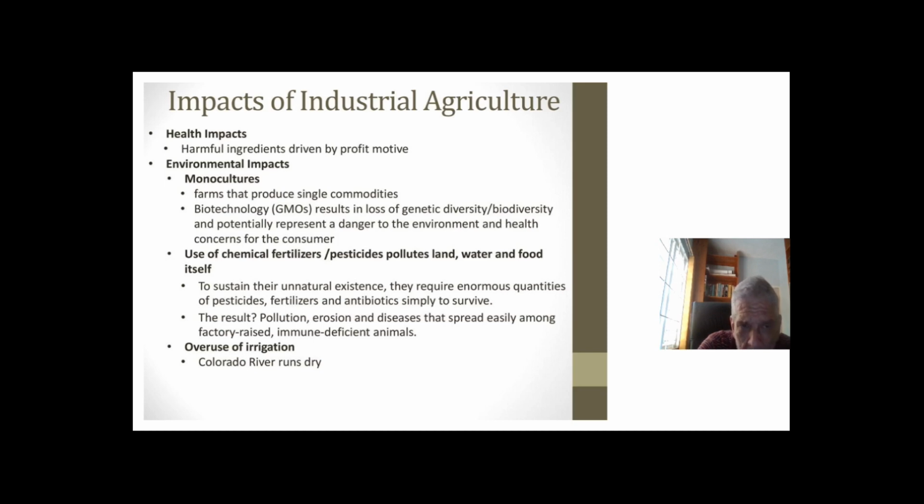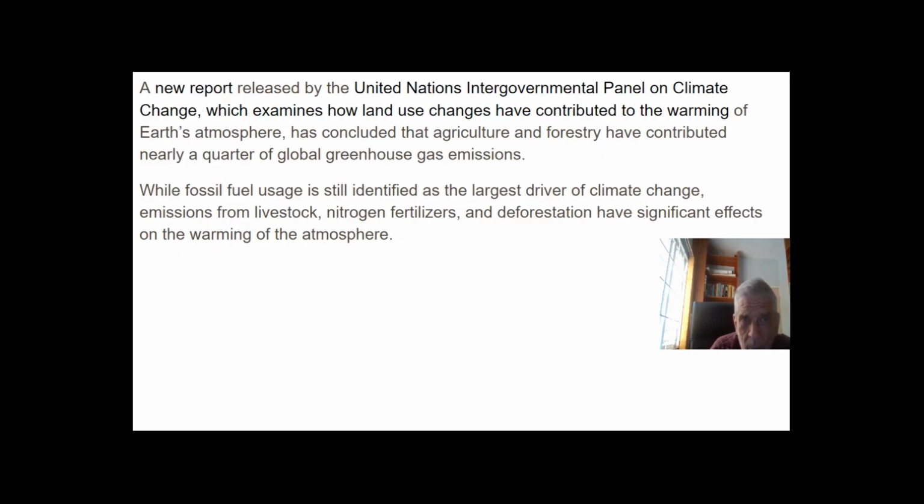Then the other impact of industrial agriculture is the use of chemical fertilizers and insecticides and pesticides and so on. And these will have an impact on the rivers and so on, harming them.